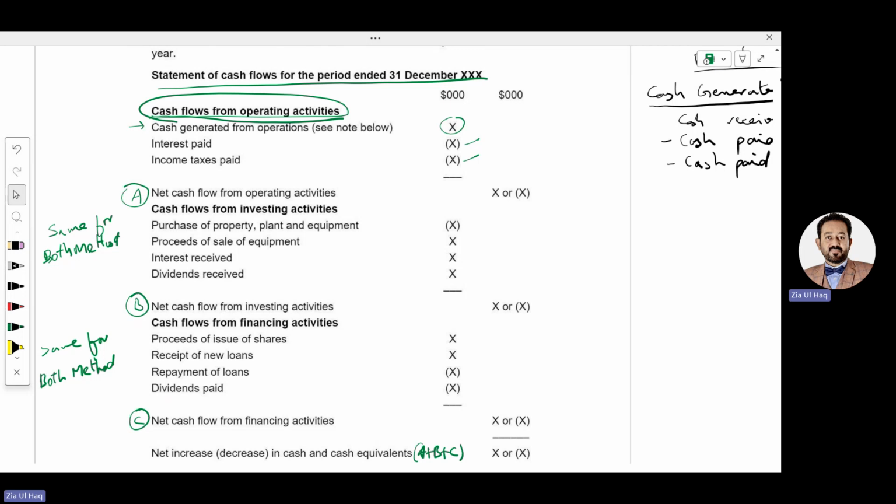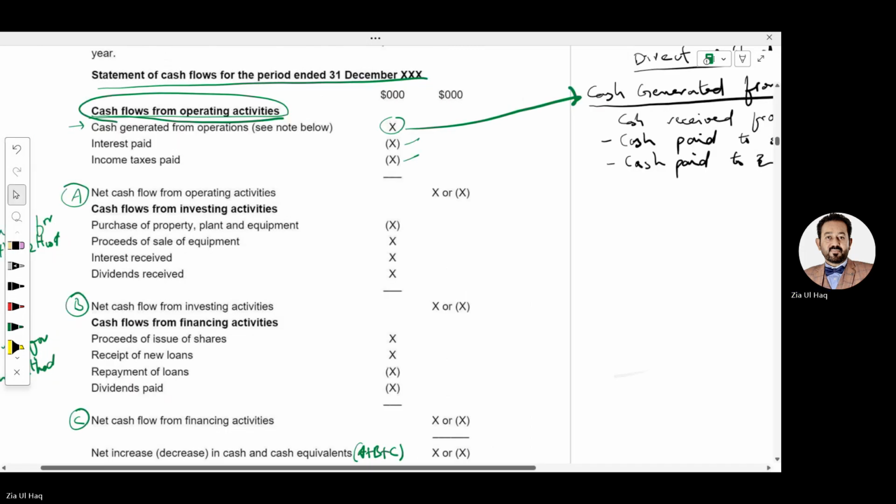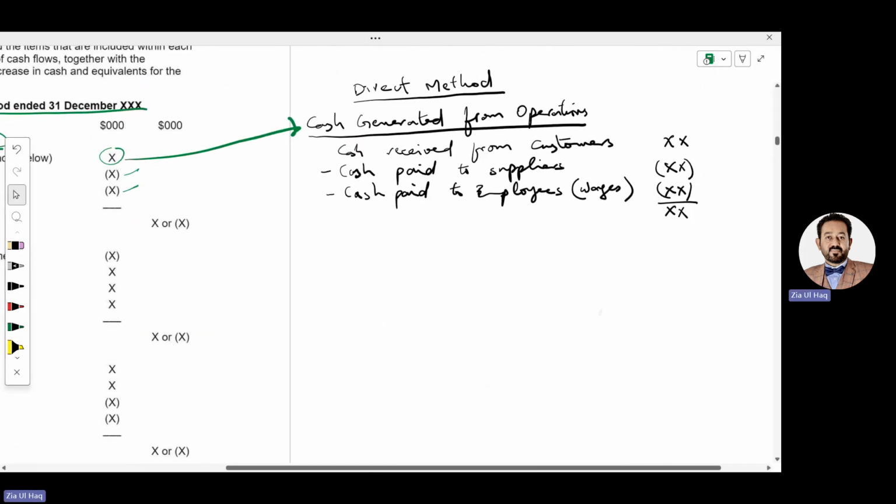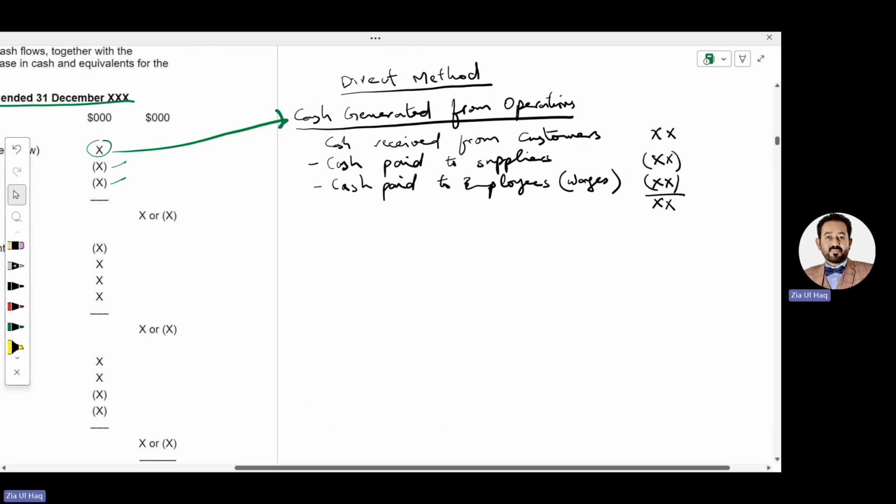How to calculate this cash from operations? There is a formula. We need to calculate cash received from customers. From this, we need to deduct cash paid to suppliers and cash paid to employees in terms of wages and salaries.